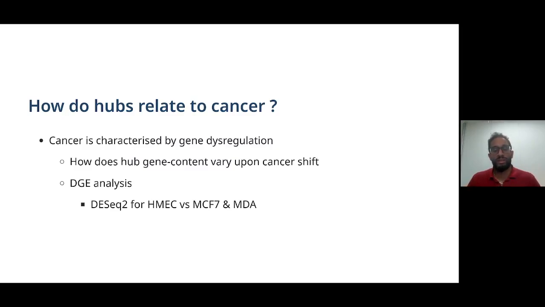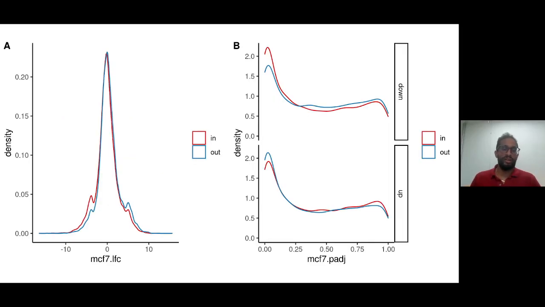In this particular analysis, we focused on hubs that were detected in healthy breast epithelia, here HMEC, and compared this expression level with the expression level of corresponding breast cancer samples, MCF7 and MDA, and performed a differential gene expression analysis using DESeq2. What emerged from this analysis is illustrated in the following plots.